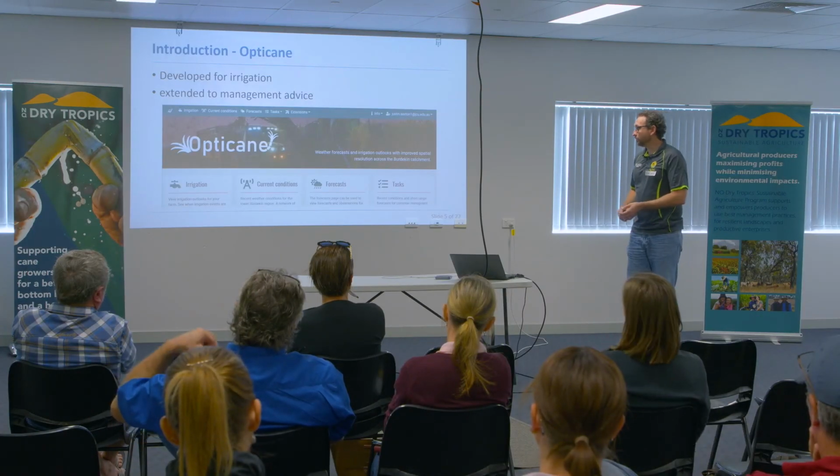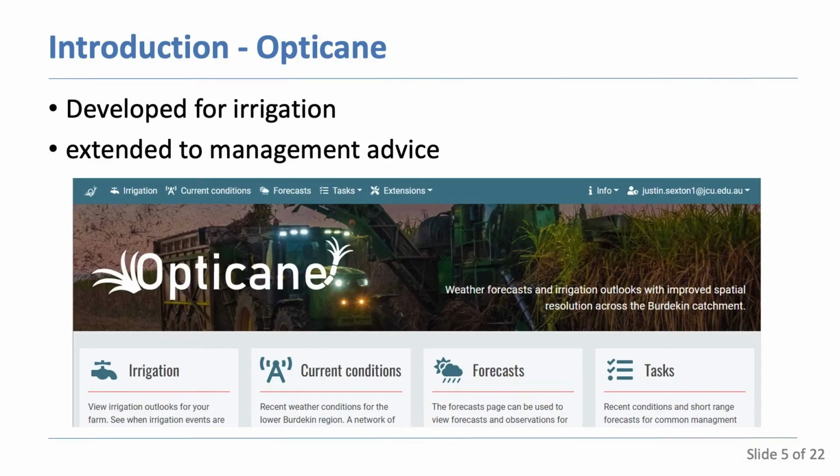This is what it looks like at the moment. It did not look this good to begin with, and you'll see that in a minute. The major tools we have: we show current conditions from a bunch of weather stations that we've got access to through BPS.